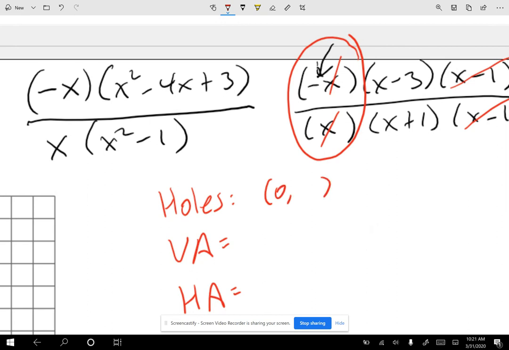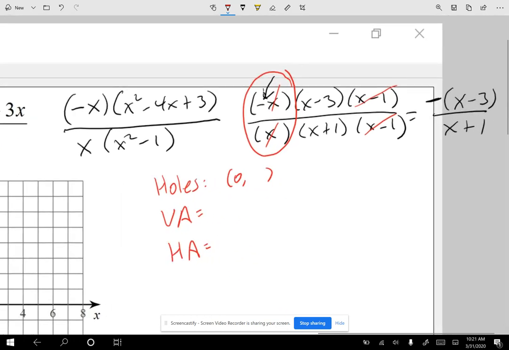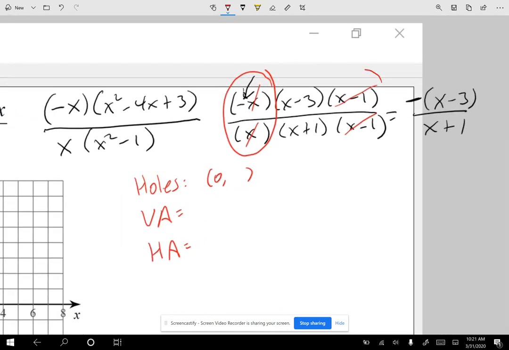I need to find the y value of that. Have another hole here, and I ask myself, what value of x will make that parentheses equal to 0? So the x value is 1. I need to figure out the y value. Now to find the y value, I'm going to use the remaining function, the remaining equation here.